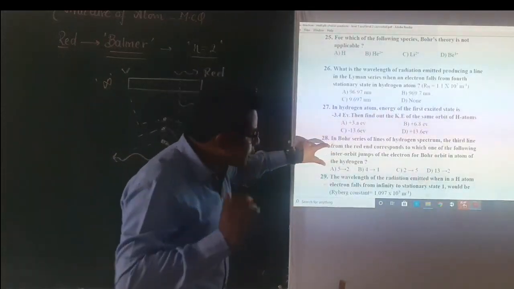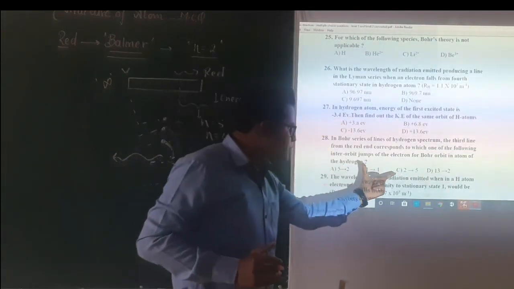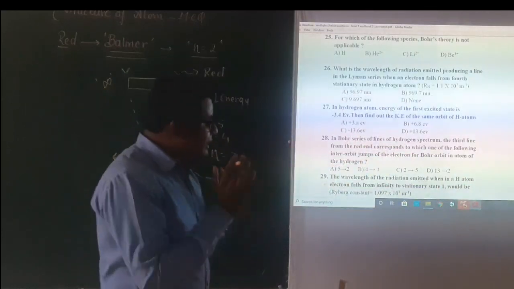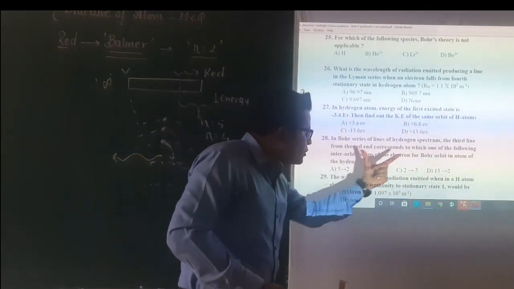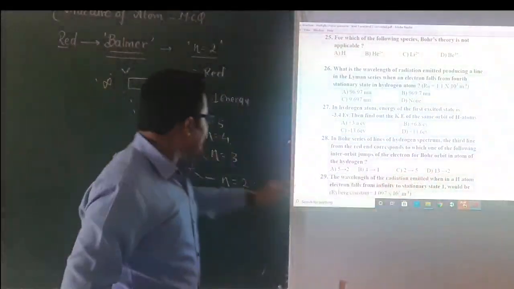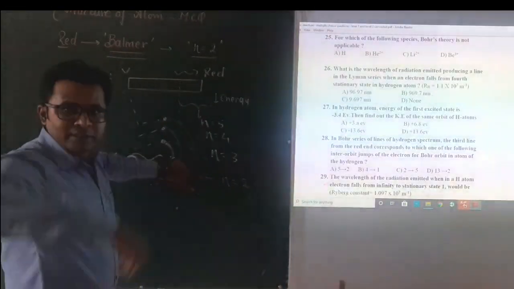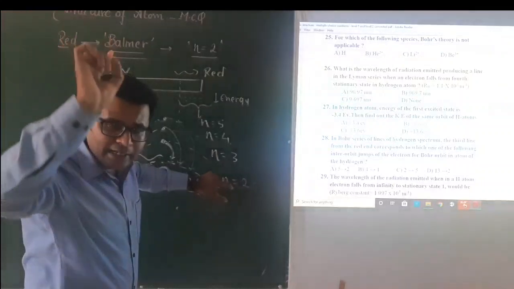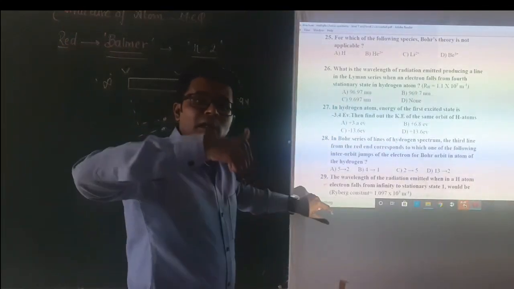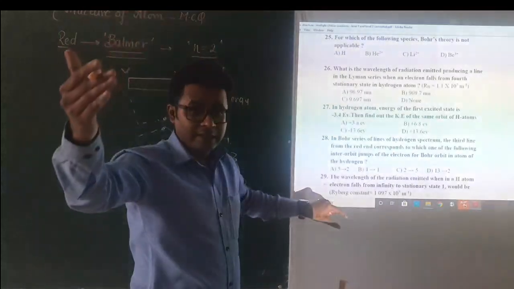Taking that into consideration, these two can be nullified out. So what remains with us is 5 to 2 and 13 to 2. As I said, when an electron comes from the nearby orbit, the radiation which comes out is going to have the lower energy or the higher wavelength.